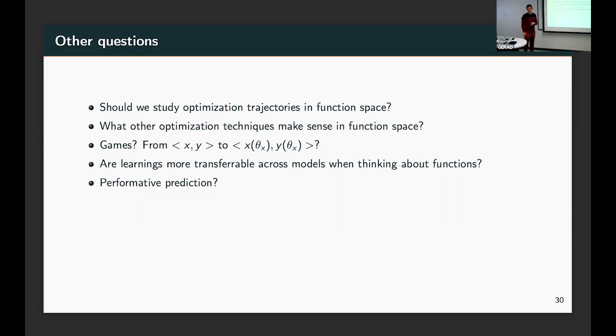We talked about games. You said you had a class on games. Oh no, some people here do games. Okay. So at MILA, there's a bunch of people who do games. These are mostly bilinear games. Okay, that's fine. But now, if you say this is a bilinear game, so you have two players, X and Y, but X is actually a function of some theta, and then Y is some function of some other theta.